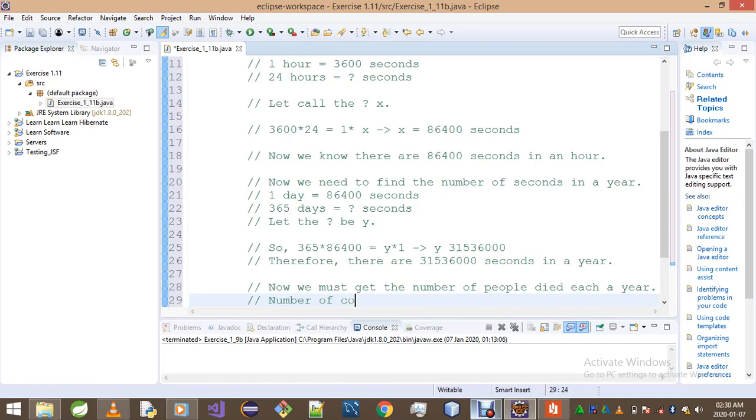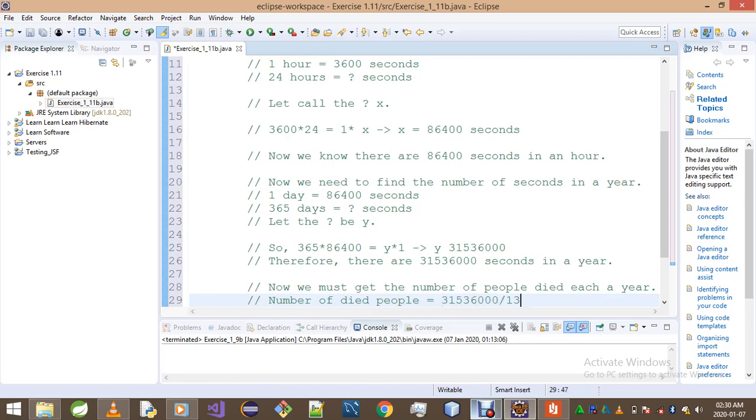Let me just go the number of died people is equals to this number here divided by 13, because we gotta count how many 13 seconds are in this number here.